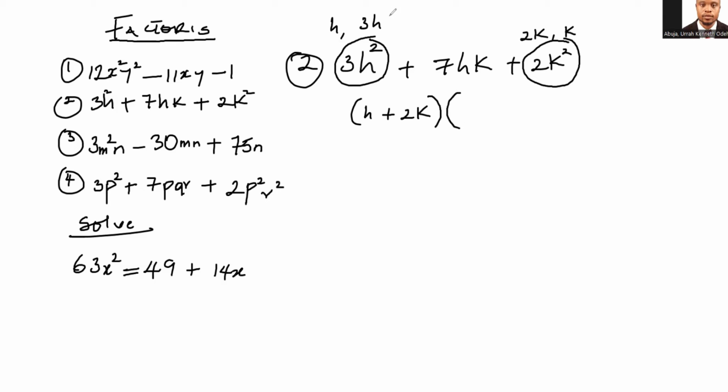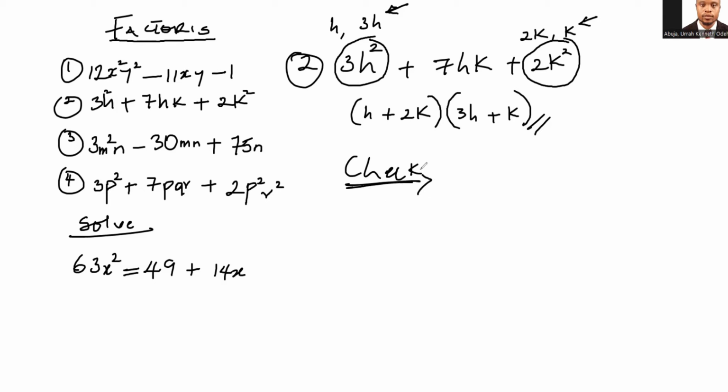And the other term, this particular term, is 3h, and this term plus k, close the bracket. So this is it. Awesome. I love this trick. Okay, so we just check to confirm if what we did is correct.